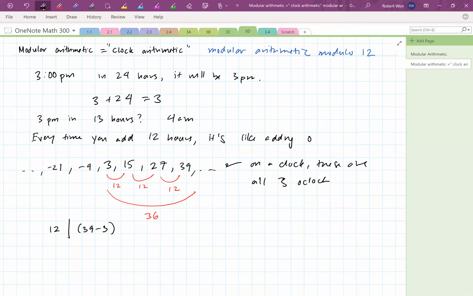So it's not true that 3 plus 24 is equal to 3, right? This is not true. What is true, though, is that 3 plus 24 is congruent to 3 modulo 12, because the difference of those two things is a multiple of 12.